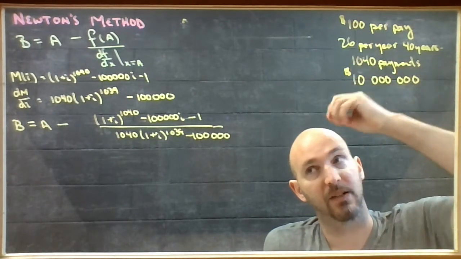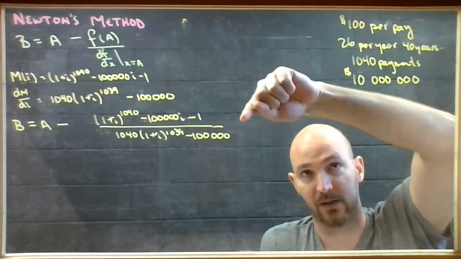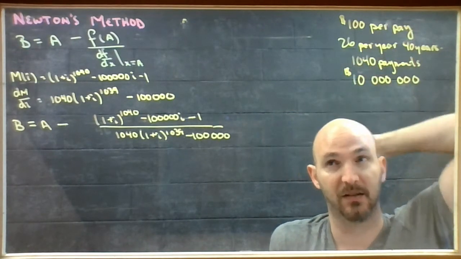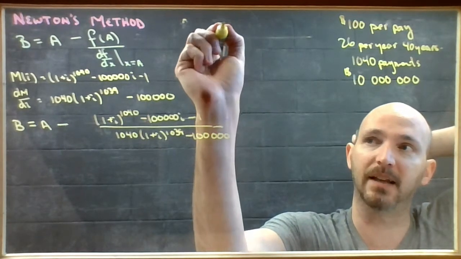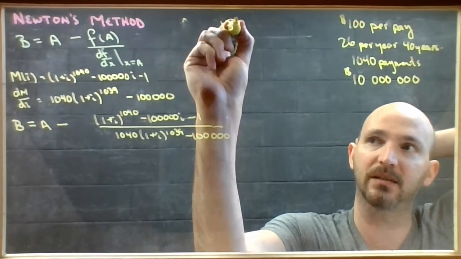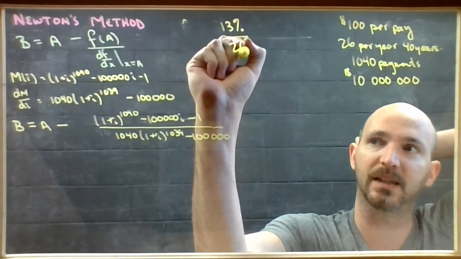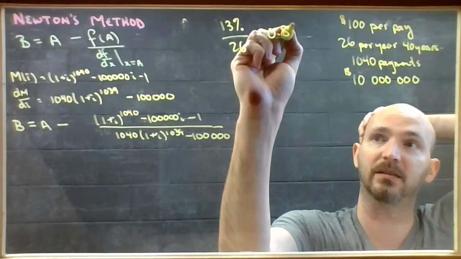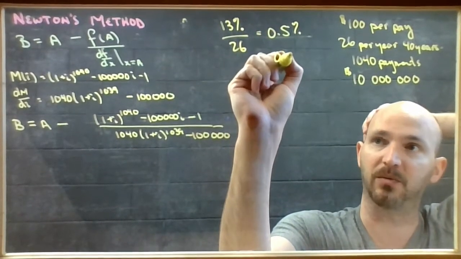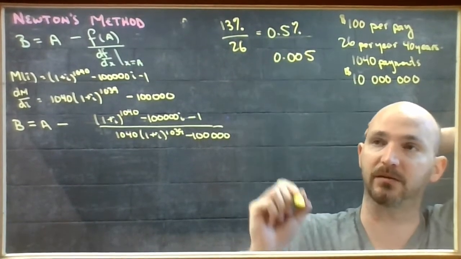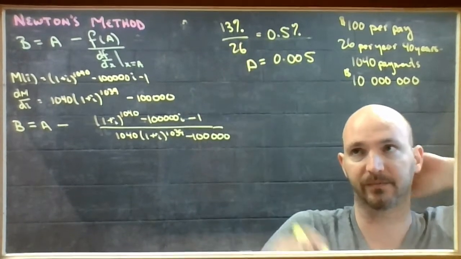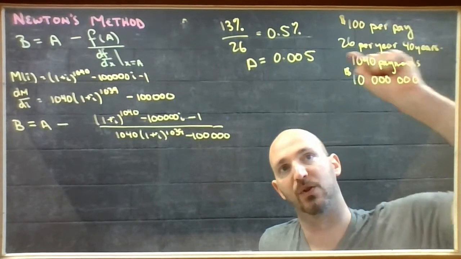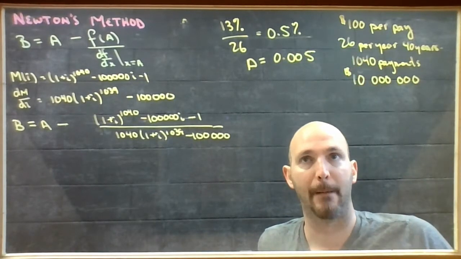Now the way this interest rate works, this thing's going to kick out the interest rate I get per payment. So that's 26 a year. So if I round our guess up, let's call it 13% over 26 pays would be 0.5%, which ends up being 0.005. So that's going to be my first guess. Somewhere around 13% interest per year, which works out to 0.5% per pay.